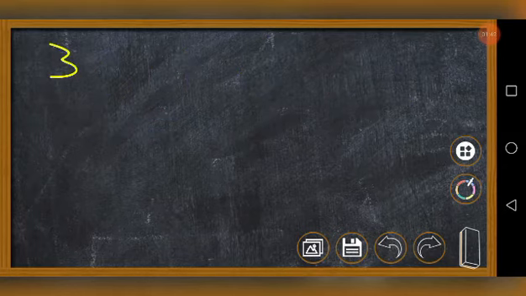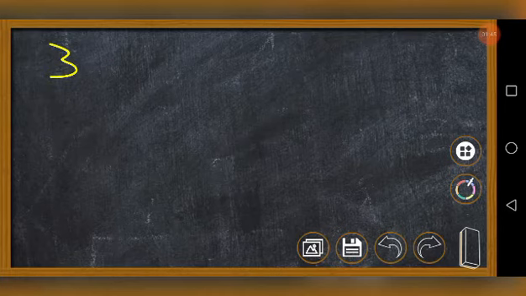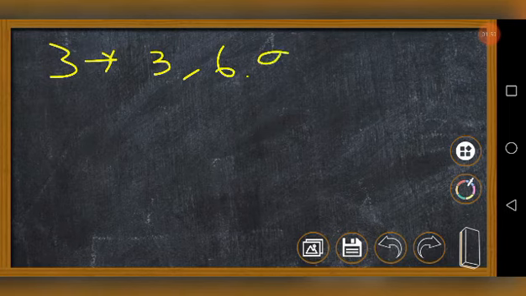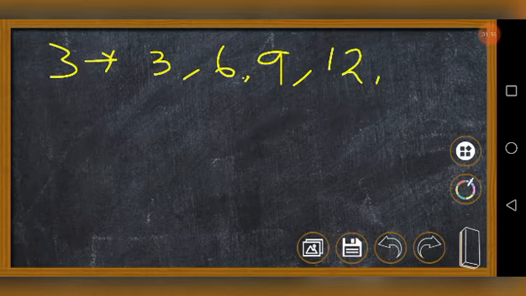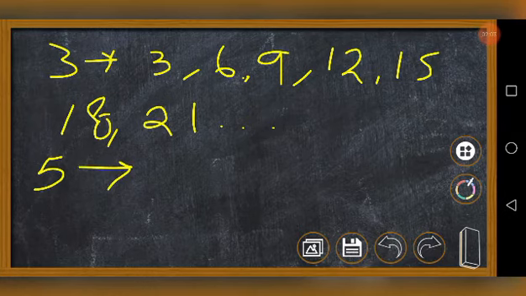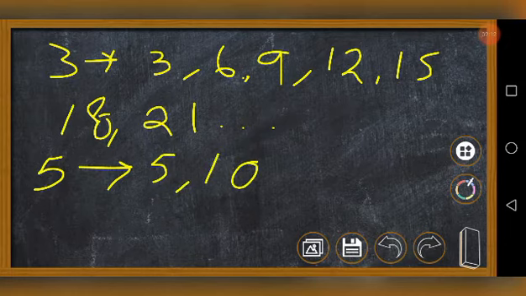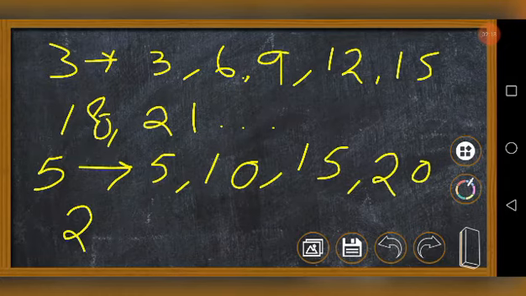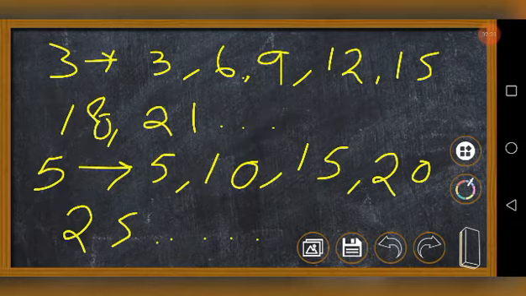Again, the multiples of 3 are 3, 6, 9, 12, 15, 18, 21, and go on. What are the multiples of 5? 5, 10, 15, 20, 25, and go on.